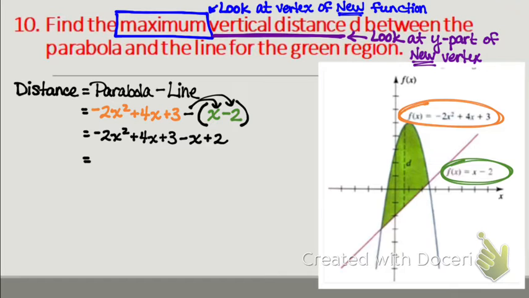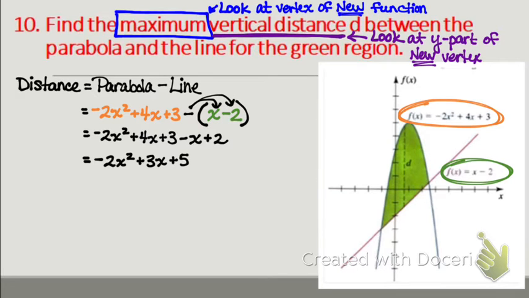What is my result going to be now? Negative 2x squared plus 3x plus 5. This is the function that describes the distance between my parabola and my line.